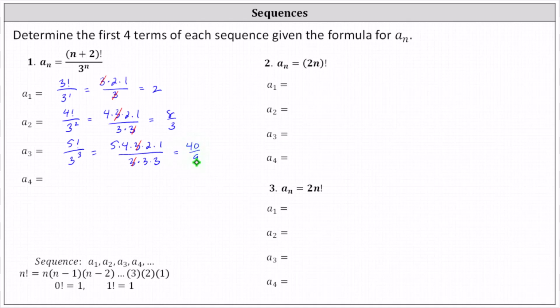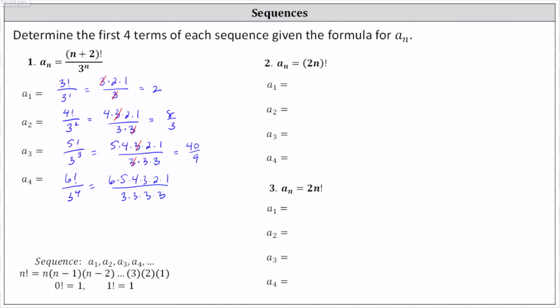To determine a sub 4, we substitute 4 for n. 4 plus 2 is 6. A sub 4 equals 6 factorial divided by 3 to the power of 4. 6 factorial equals 6 times 5 times 4 times 3 times 2 times 1, divided by 4 factors of 3.